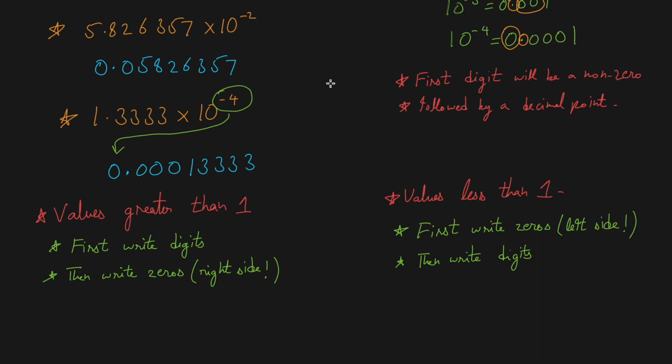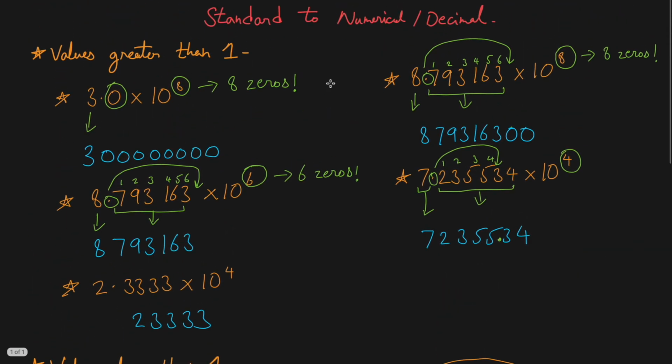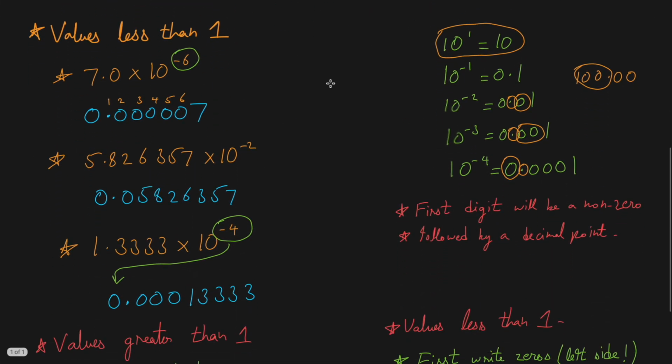In the previous video and this video, I only talked about methods, but in the next video I will introduce a general rule, and from that rule you can convert numerical or decimal values to scientific notation, or back from scientific notation to numerical. If you get that method, that will be easy for you.